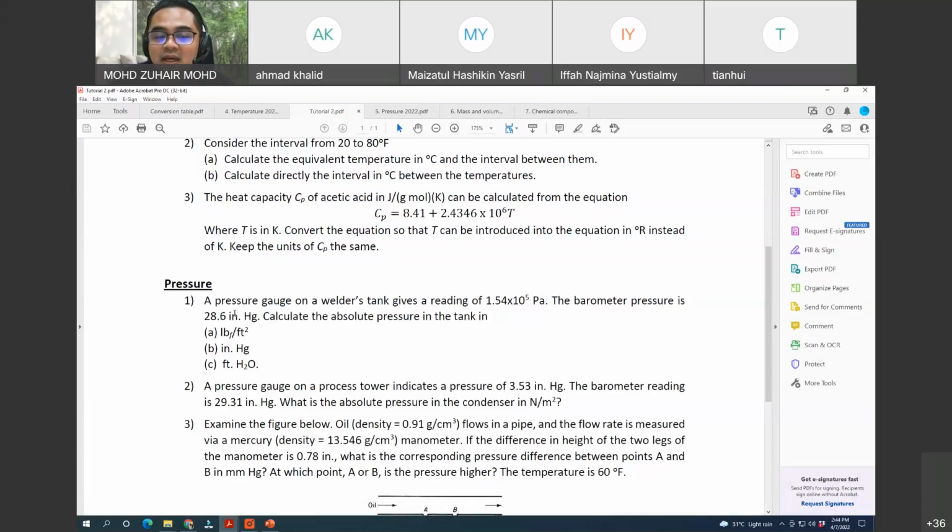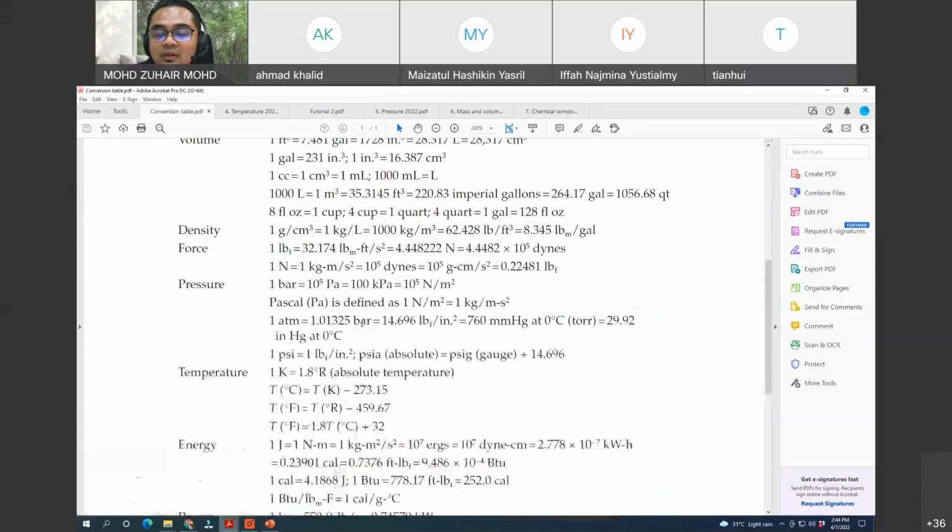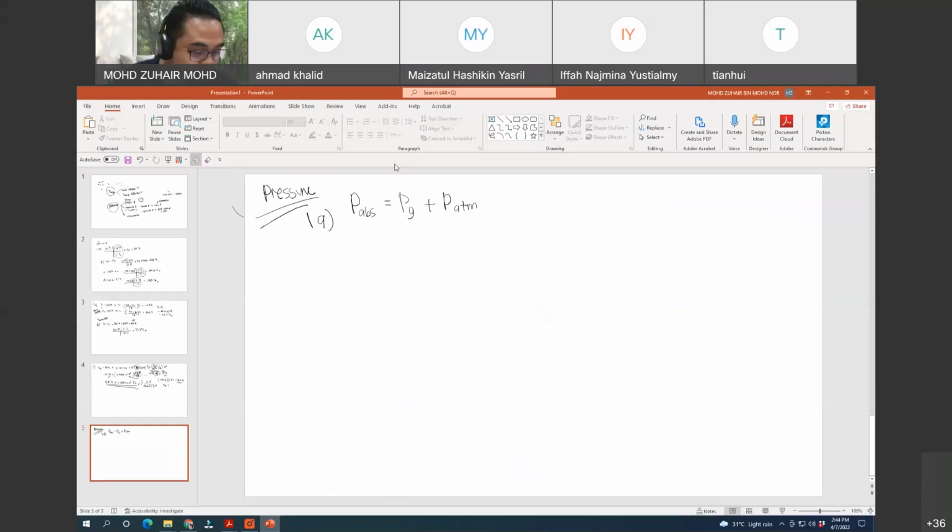This is in inch mercury, and the question asked to have the absolute pressure in pound force per feet square. So what we need to do is we need to change this unit Pascal to pound per feet square and also inch mercury to pound per feet square. So you need to refer to this conversion table to do that. Okay, we are going to do it now.